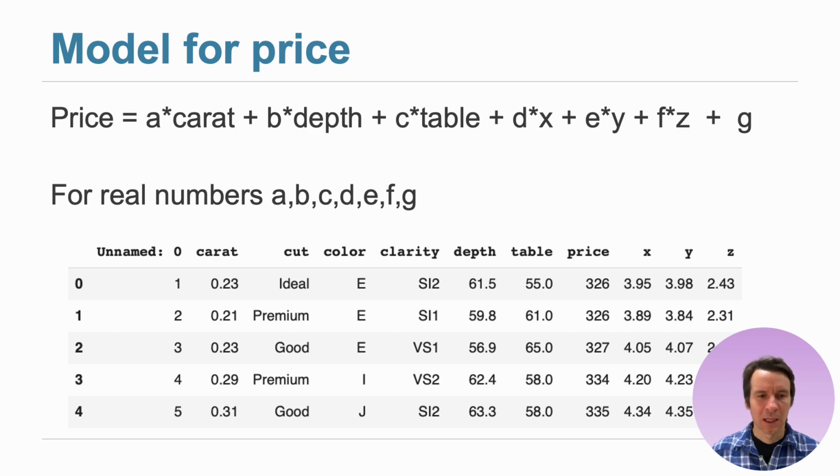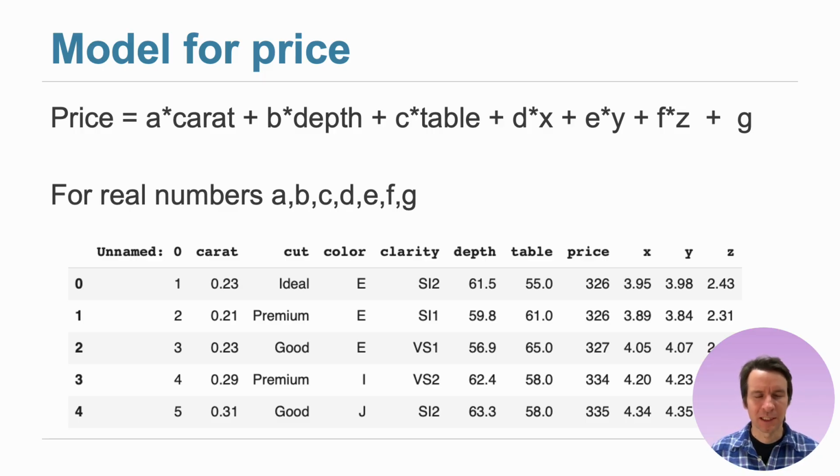Right? And then we will try to say that the price of the diamond is a linear combination of these features: carat, depth, table, x, y, z. I will combine them together with some real numbers. So the A, B, C, D, E, F, G, if you look at the equation, will be some real numbers.